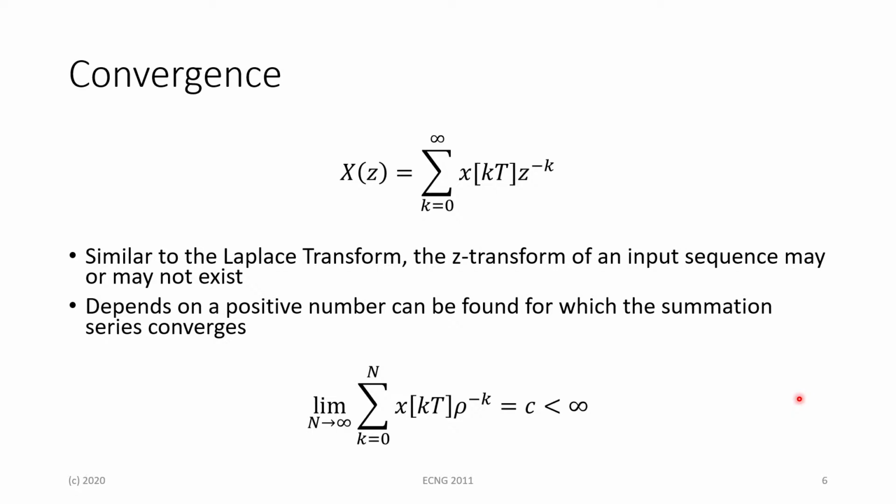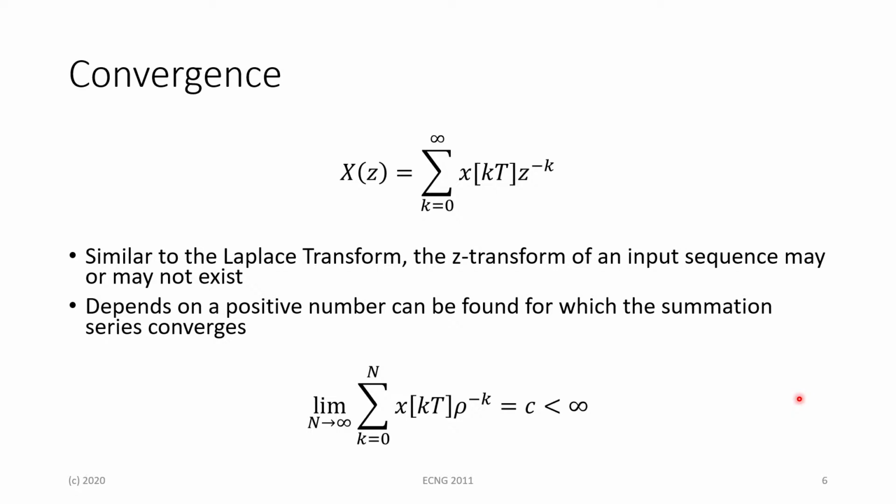Because of the nature of the Z-transform, and it shares some similarities to the Laplace transform, one such similarity is that it's possible that the Z-transform of an input sequence may not exist. The Z-transform exists when the summation series converges towards a finite value, such that we do obtain a solution.